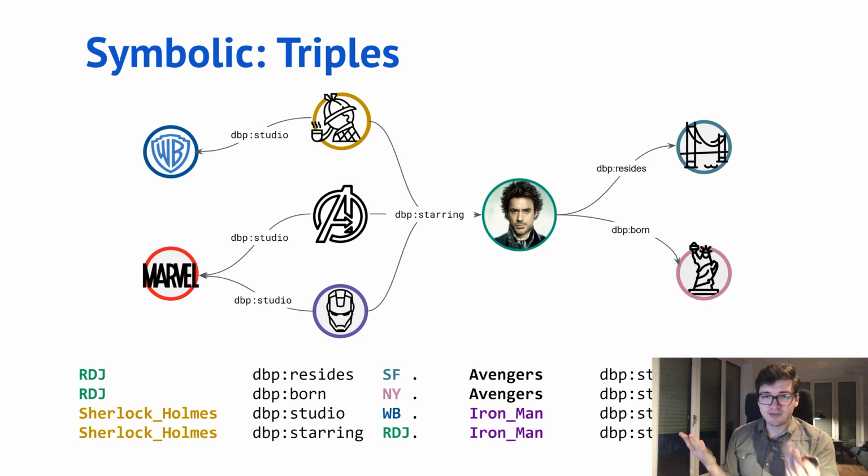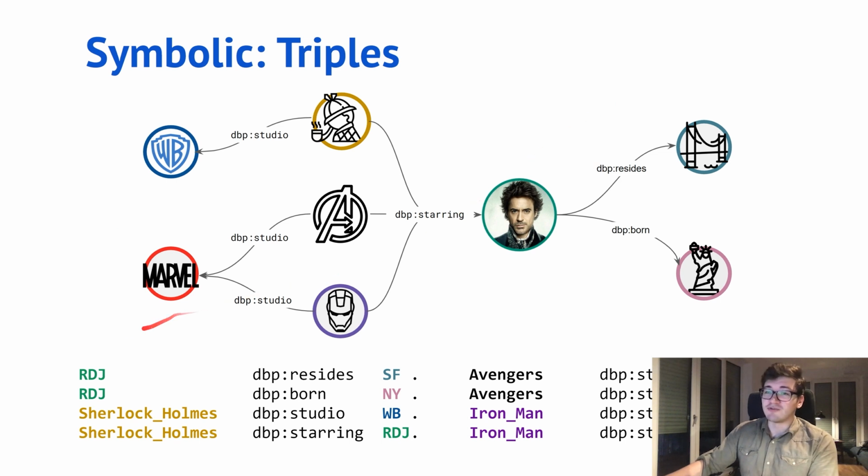So let's start with the basic symbolic representation, where we use triples. We use the formalism called Resource Description Framework, or RDF triples. Here our example is Robert Downey Jr. You see that there are several movies, several studios, and several cities related to him.